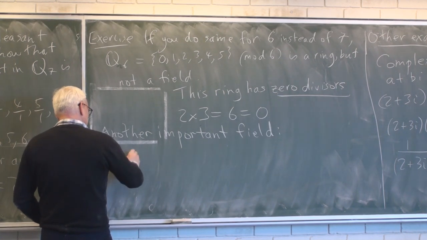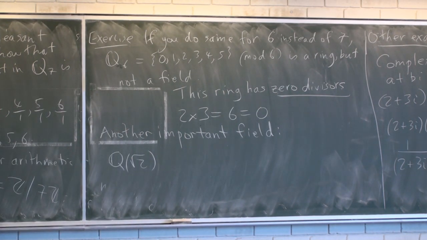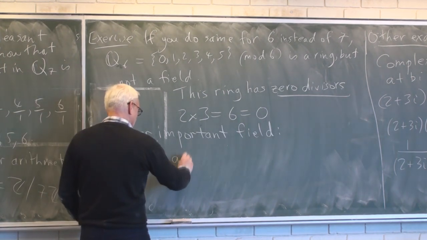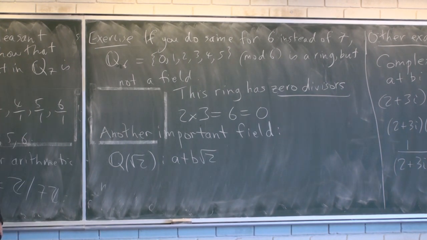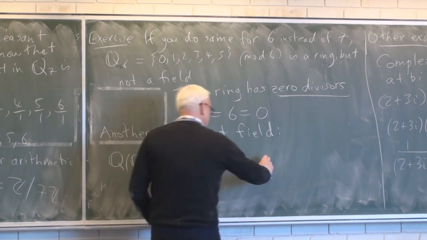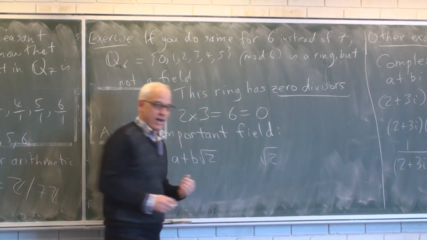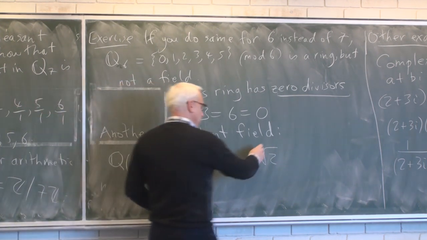So this is sometimes written like this: Q adjoined square root of 2, consisting of things of the form a plus b root 2, where the product is just defined by thinking of root 2 not as a real number, but just as a symbol whose square is equal to 2.